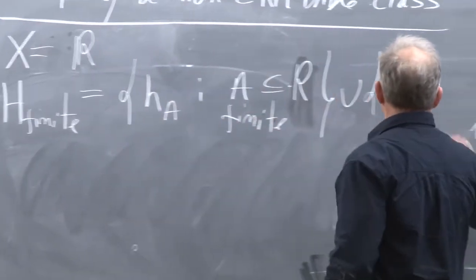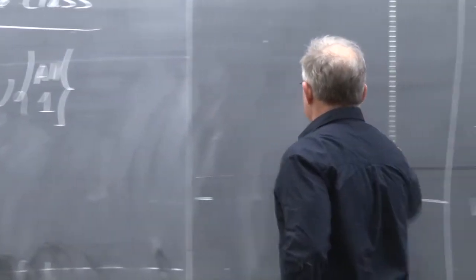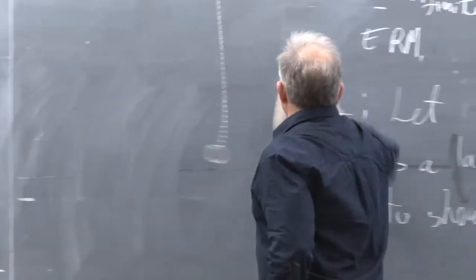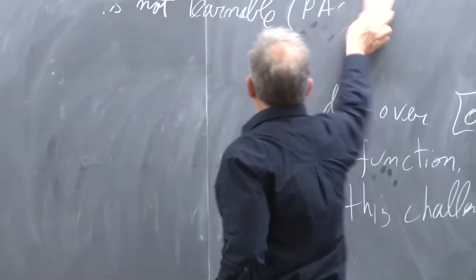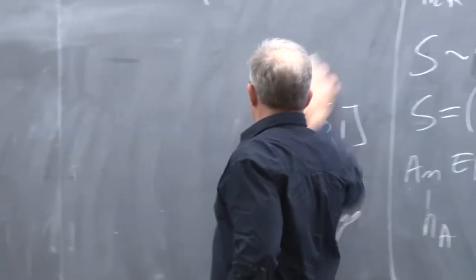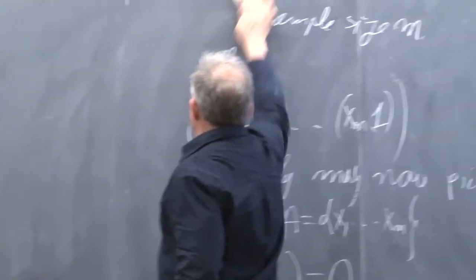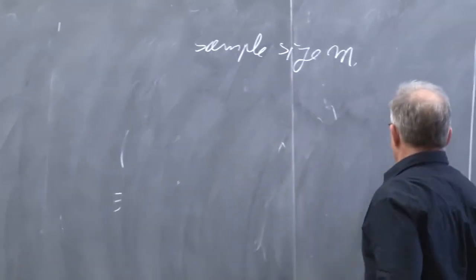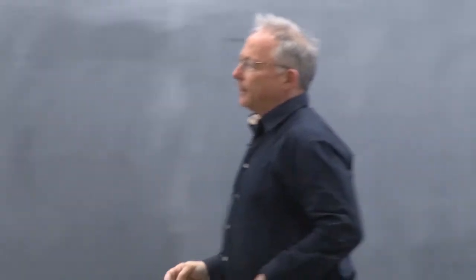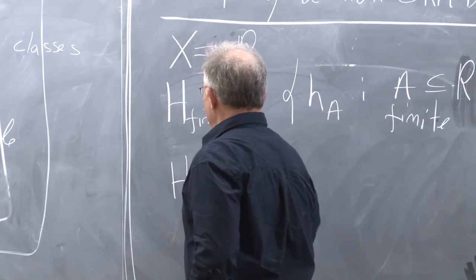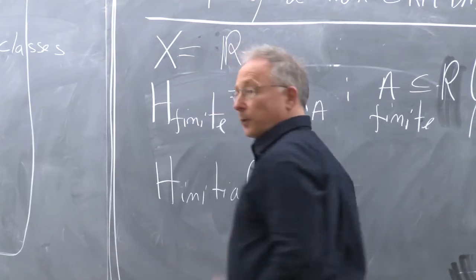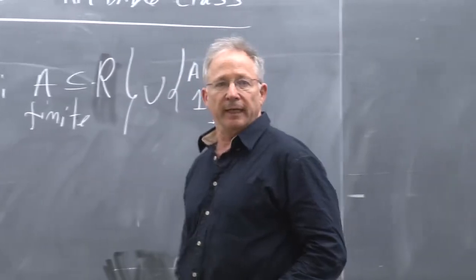So now we have this class here. We have the class H finite on which ERM fails badly. And we have the class that you discussed last time, H initial segments, which is also a class of functions over the real line.